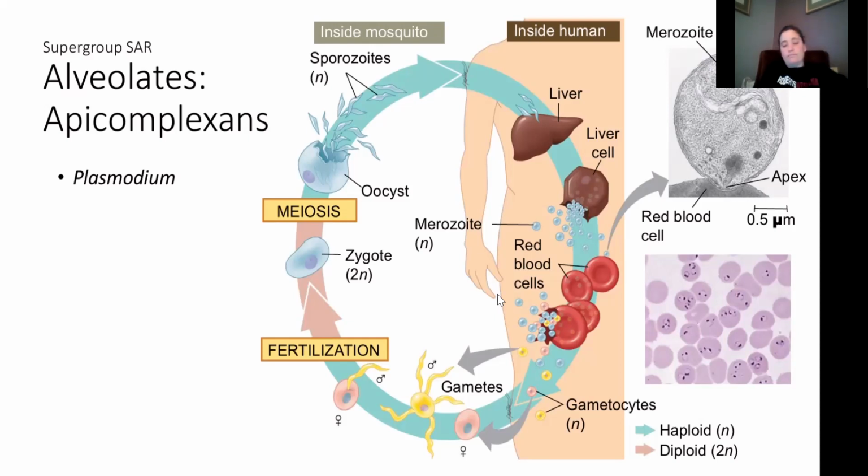Apicomplexans stands for apex, because it's at the end of the cell, and the complex stands for structures in the cell that help it enter host cells. So that's why they get their name apicomplexans.